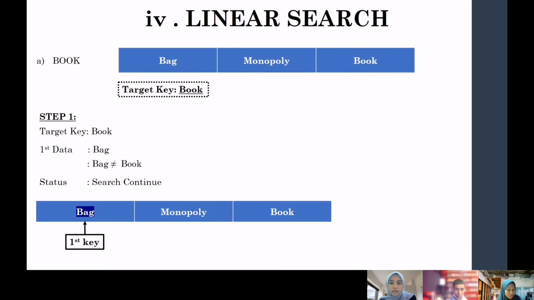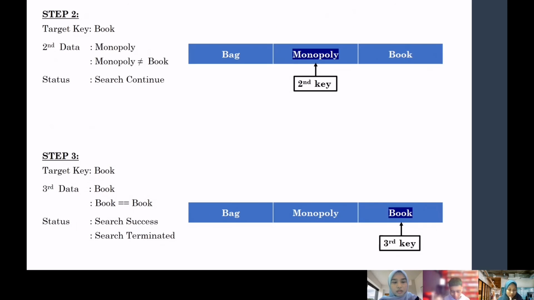Okay, the last technique is linear search. First is book, target key: book. Step 1, target key is book. First data, bag. Bag does not equal book. Status, search continue. Okay.